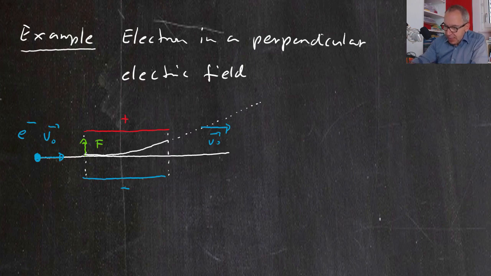However, there will be a velocity pointing upward. Let's call that v perpendicular. So I draw this perpendicular sign. These two velocities together will amount to the final velocity, which is pointing in this direction. Let's write this down.